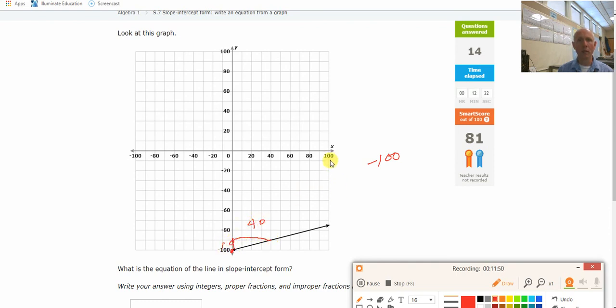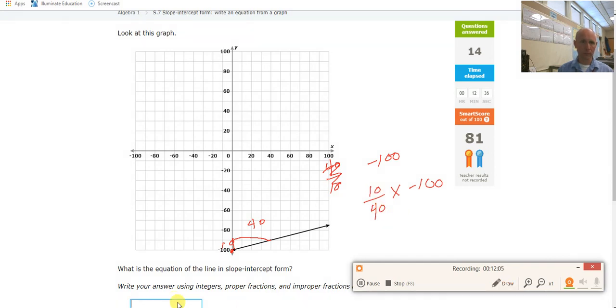So it's 40 over 10. No, it's not. It's rise over run. And I'll simplify that fraction to 1/4. So y equals 1/4 x minus 100.